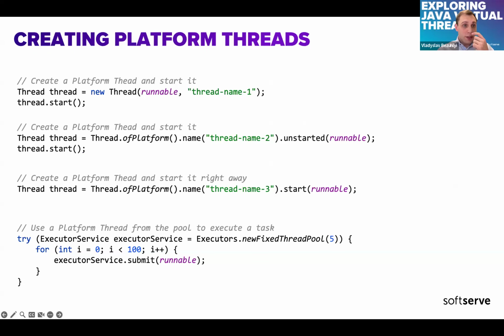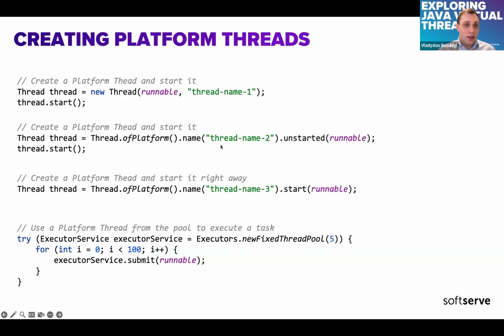So just to recall, to create a platform thread, now we know that it's just a traditional thread. It was like this, and it stays like this. Virtual threads are not there to substitute the traditional threads. But now we have this additional factory method called ofPlatform to distinguish between the virtual and platform thread creation more clearly.